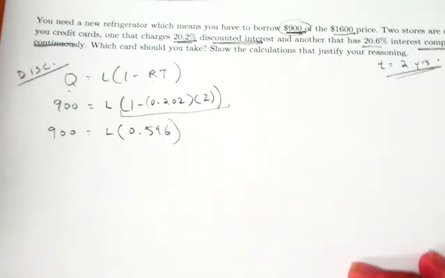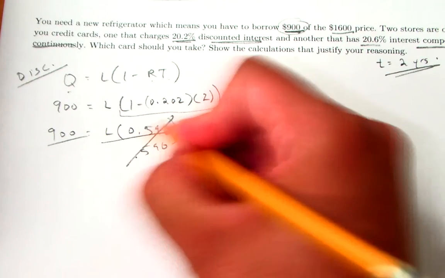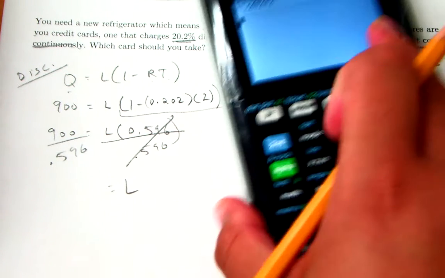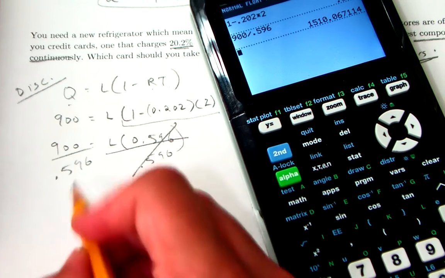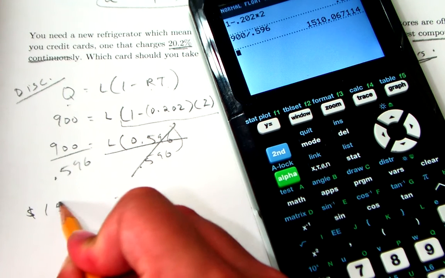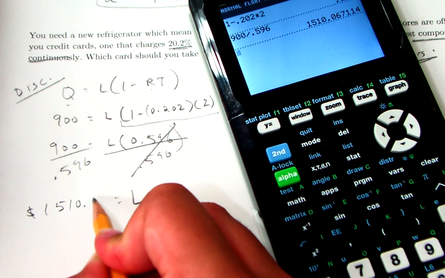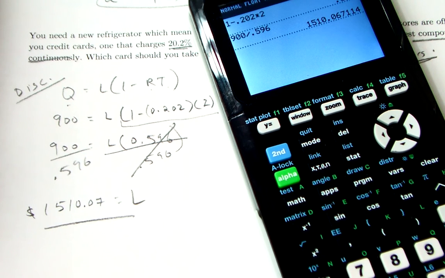So all I have to do is divide both sides by 0.596, and that'll give me the amount I need to actually pay the store when I pay off this amount, which is $1,510.07. Now keep in mind, that's the total amount I pay back.